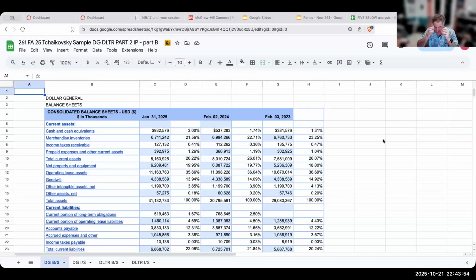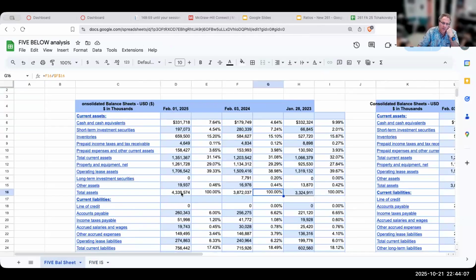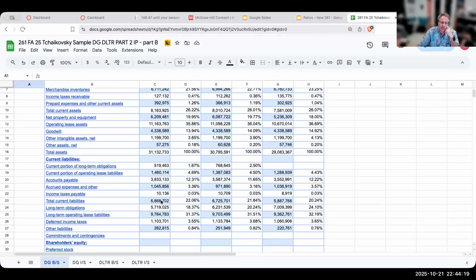As we look at this, the first thing we notice is that Five Below has total assets of about, in thousands, 4 billion. If we compare that to Dollar General, this is about 31 billion of total assets.